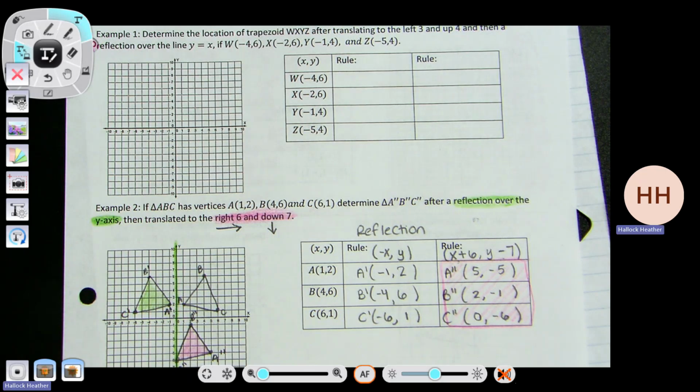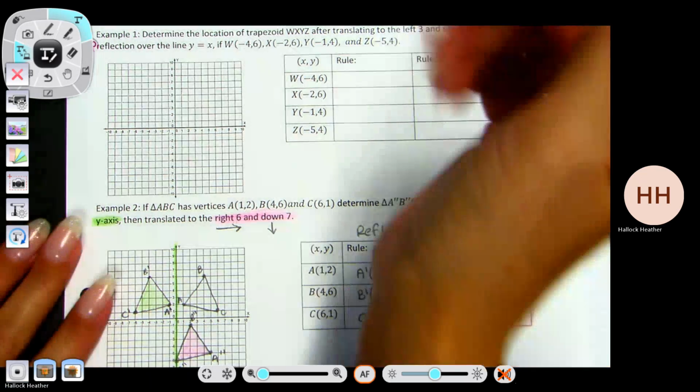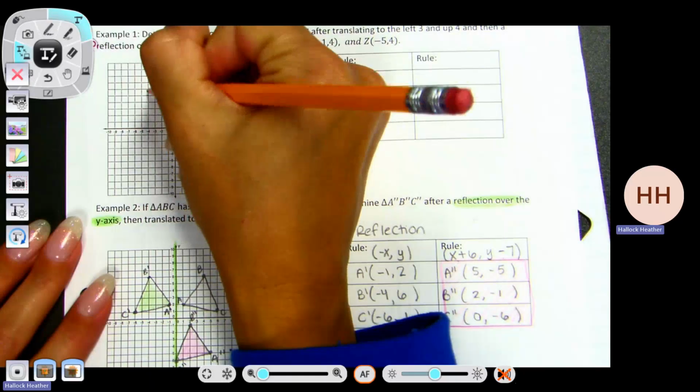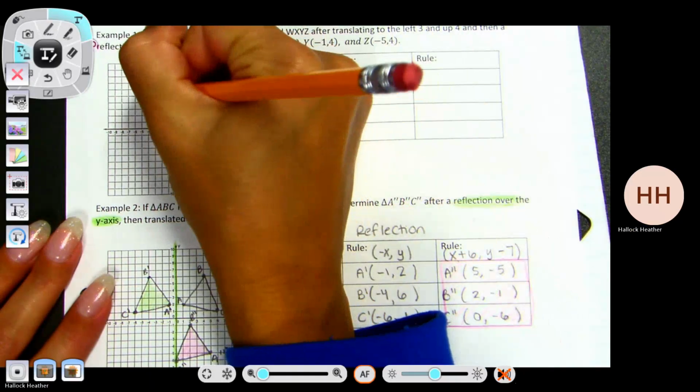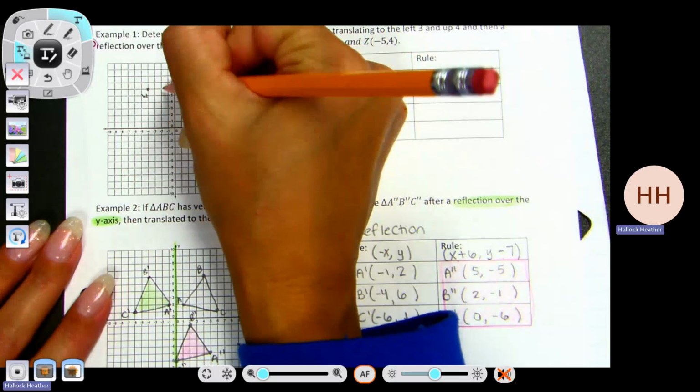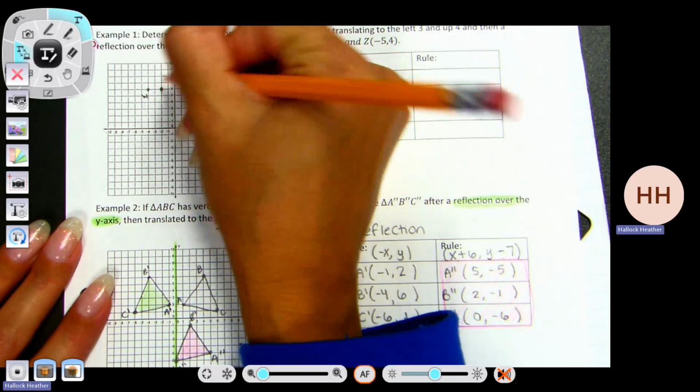So start by plotting your trapezoid points. -4, 6. -2, 6.